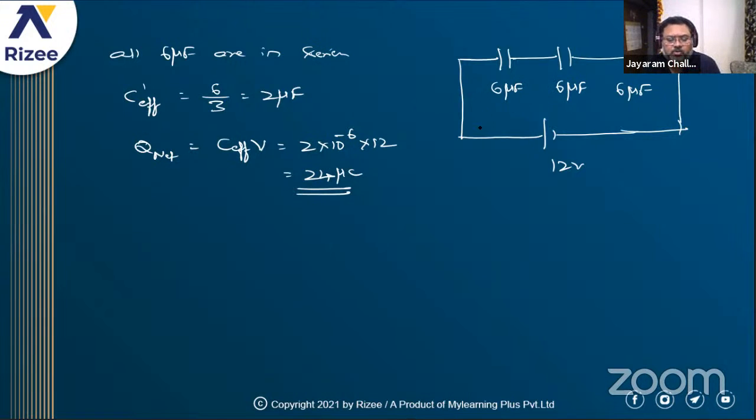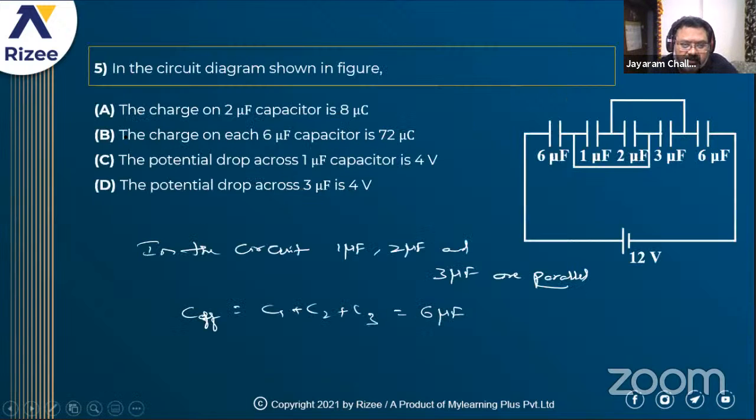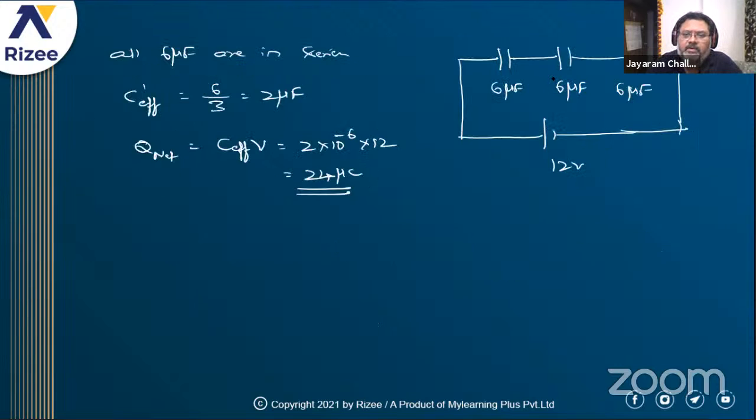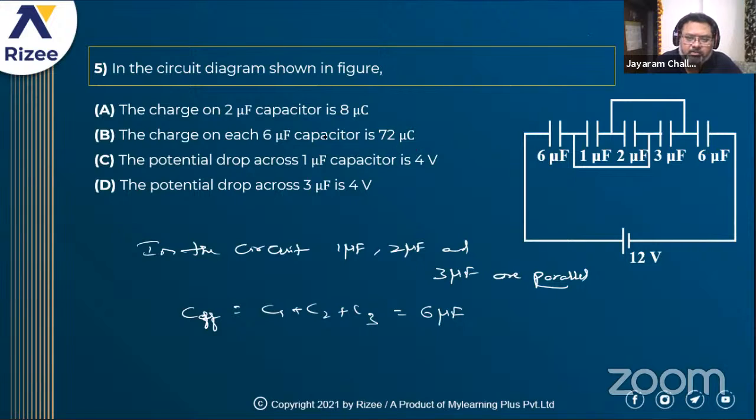Since they are in series, the charge on each should be 24 microcoulombs. So charge on the 6 microfarad is 24 microcoulombs. This is your wrong option.